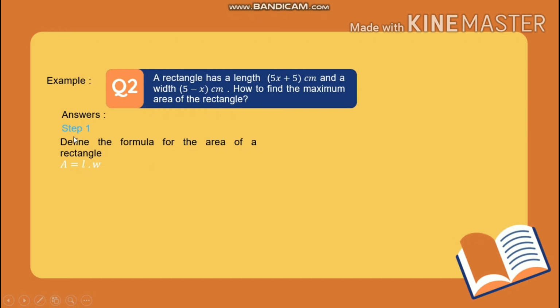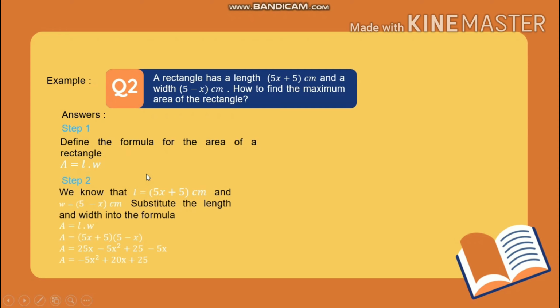A equal to length multiplying by width. Step 2. We know that length equal to in the brackets 5x plus 5 cm and width is equal to 5 minus x centimeter. Substitute the length and width into the formula.